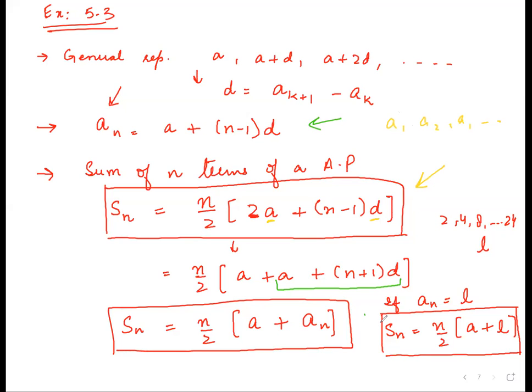If an AP is given and some particular term is also given, let's say he is saying that the 20th term is 75, and find the sum of the first 20 terms, you will use your an is equal to 75, and in that case you can use this formula. And if an AP is given where you can easily see there is a last term, you can directly use this formula. So that depends upon what information is given. All right.